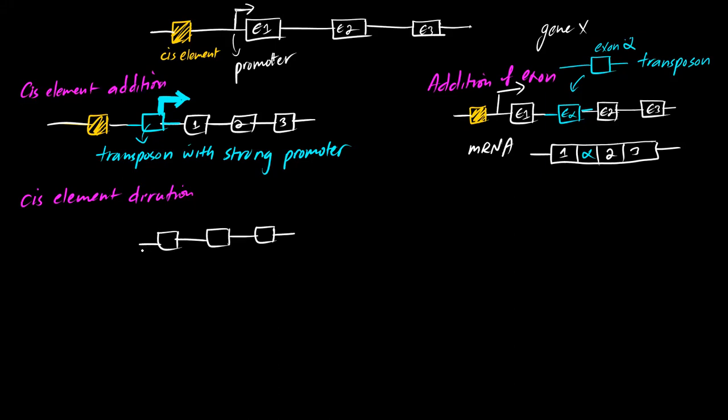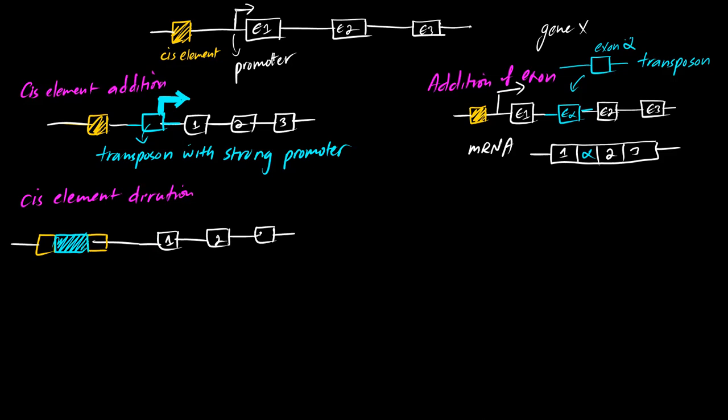A transposon might insert itself within, let's say, a cis element like this, so that the cis element is no longer able to support the expression of this gene.